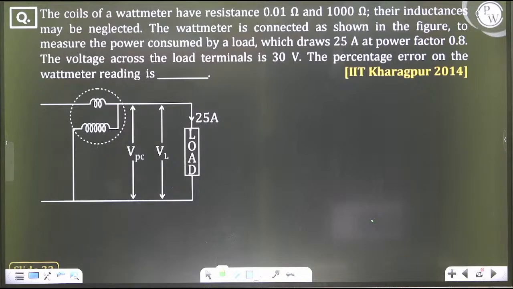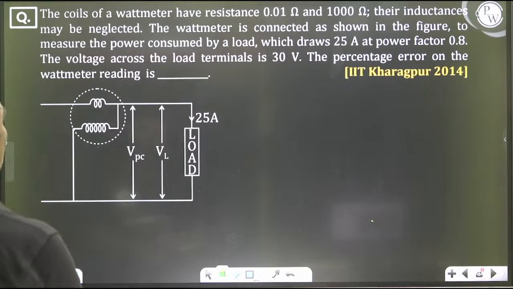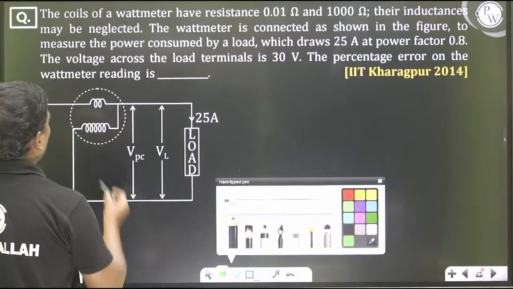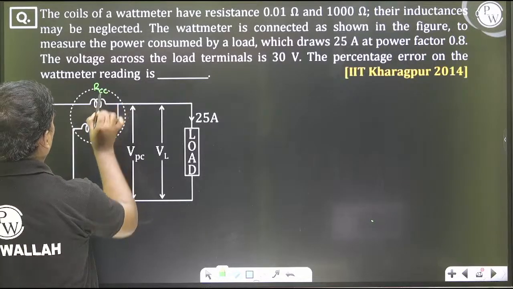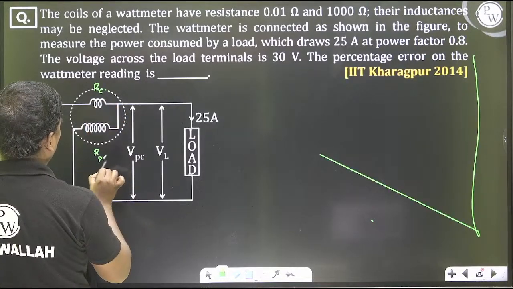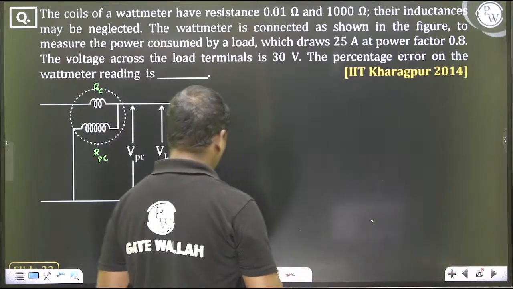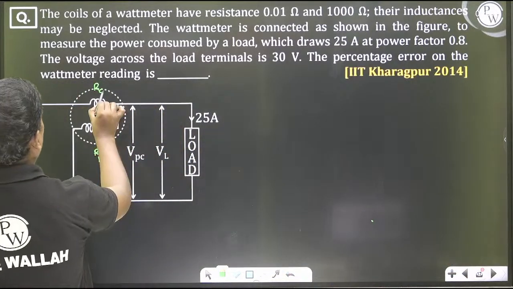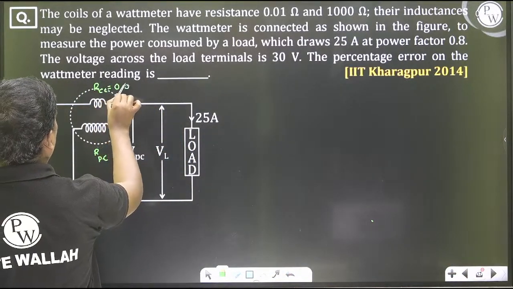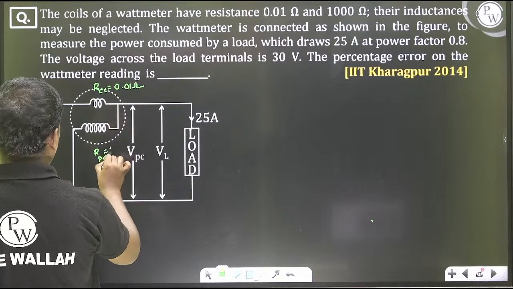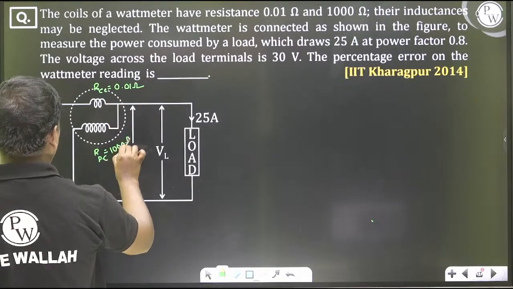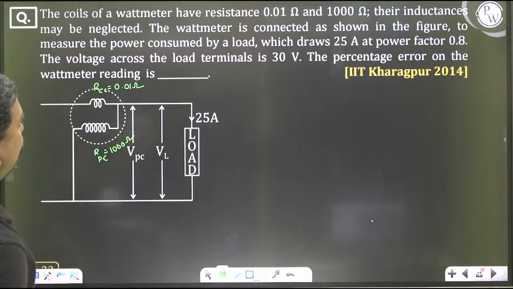The coils of a wattmeter have resistance 0.01 ohms and 1000 ohms. So this is the resistance of the current coil, and the resistance of the pressure coil. So resistance of the current coil is 0.01 ohms. This is 1000 ohms.